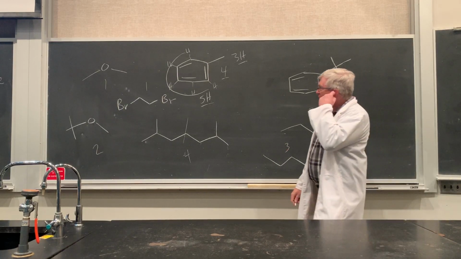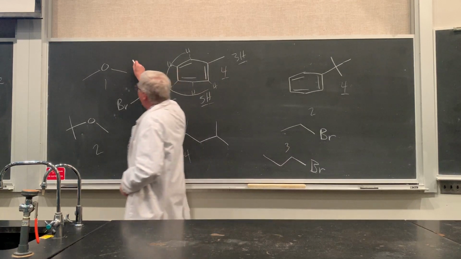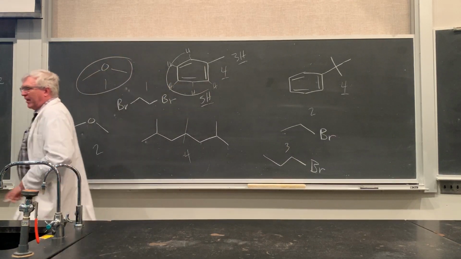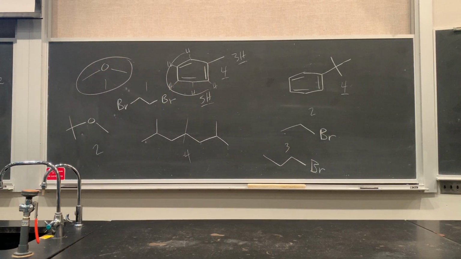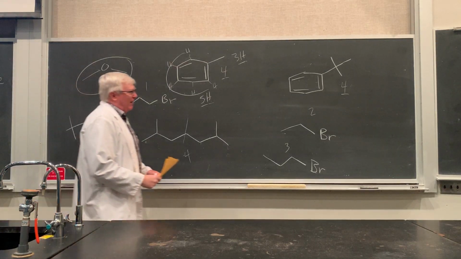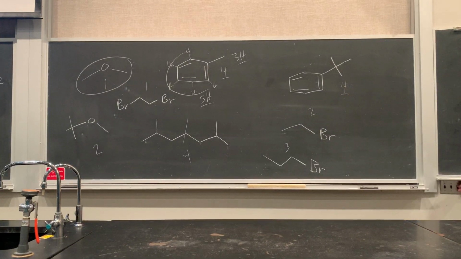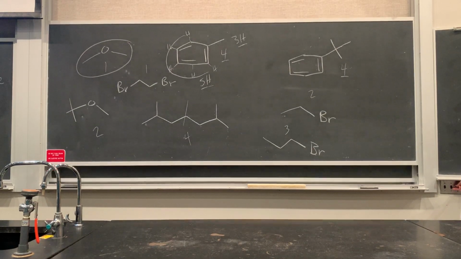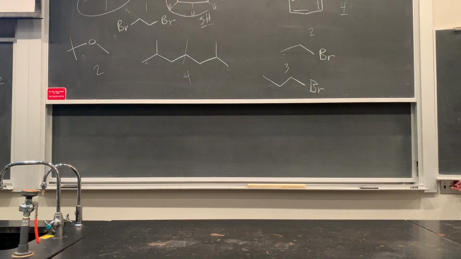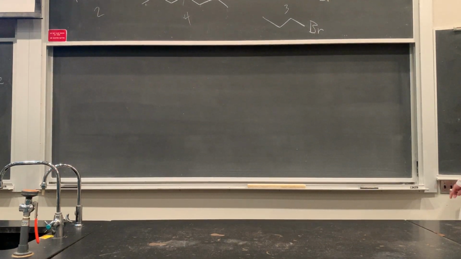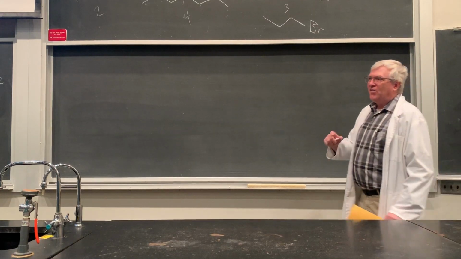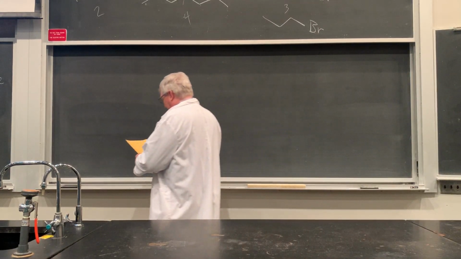All right, let's look at a little bit more detail on this one here, and let's talk about topicity. When we talk about topicity, we mean, in a practical sense, exactly whether the hydrogens are magnetically equivalent to each other. So this is more detail that we need to apply to figure out exactly how these things relate.